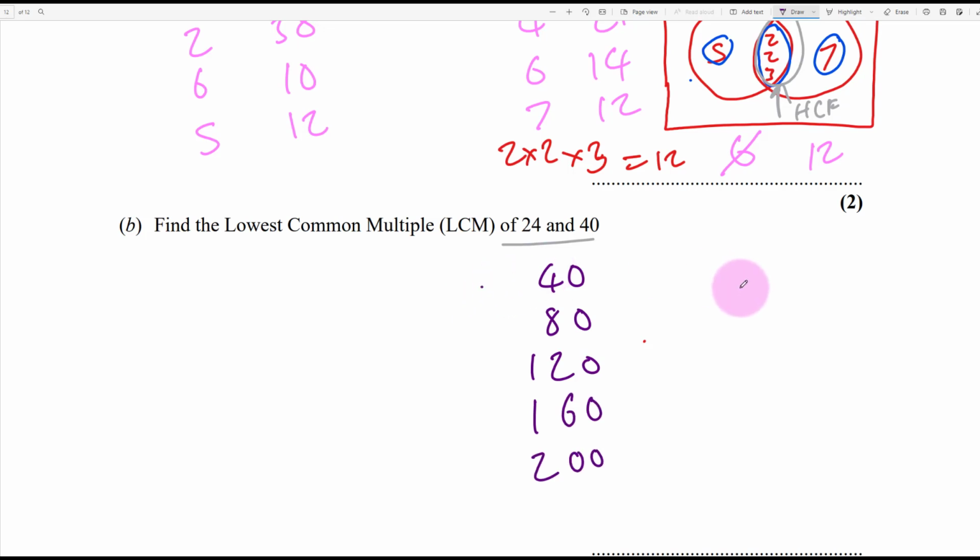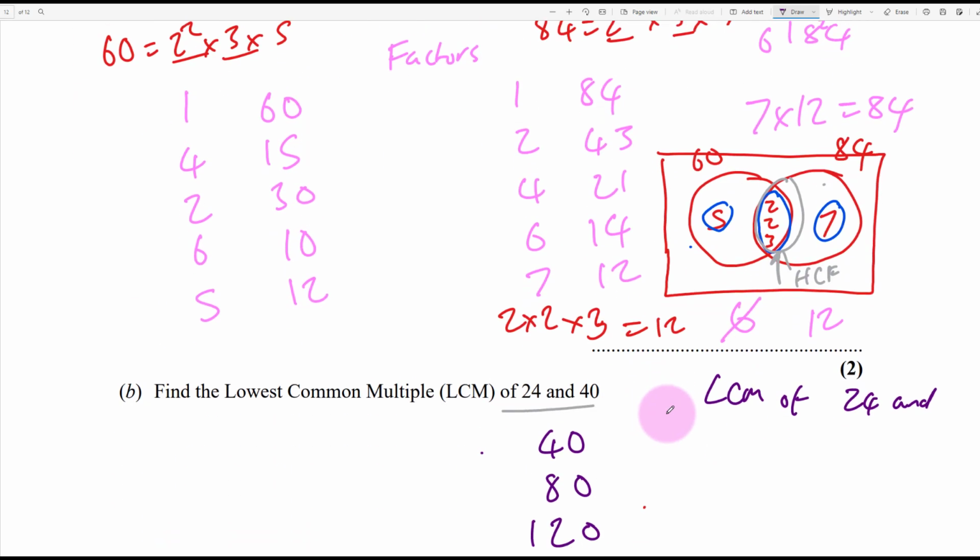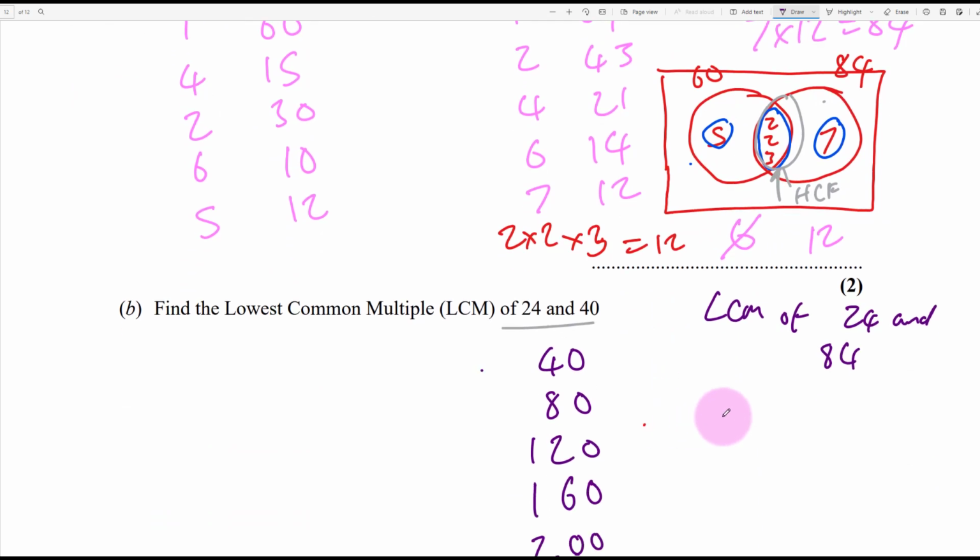Now, if it was the LCM of 24 and, what was the number above? And 84. If you've got that Venn diagram, the LCM is actually all these numbers multiplied together. 5 times 2 times 2 times 3 times 7 equals 420.